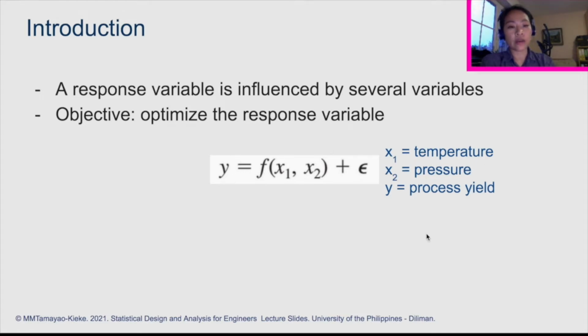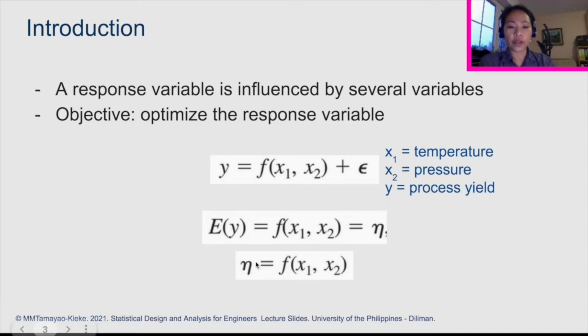We can express this relationship in mathematical form as y equals f of x1, x2 plus epsilon, which is the random error. The expected value of y, therefore, is equal to the function of x1, x2, which could be denoted furthermore as nu. And therefore, this is the response surface.